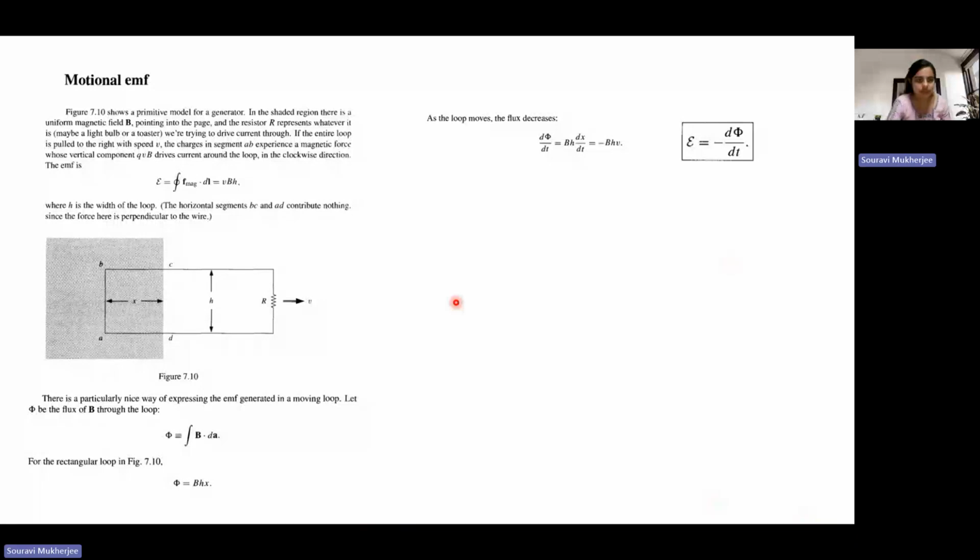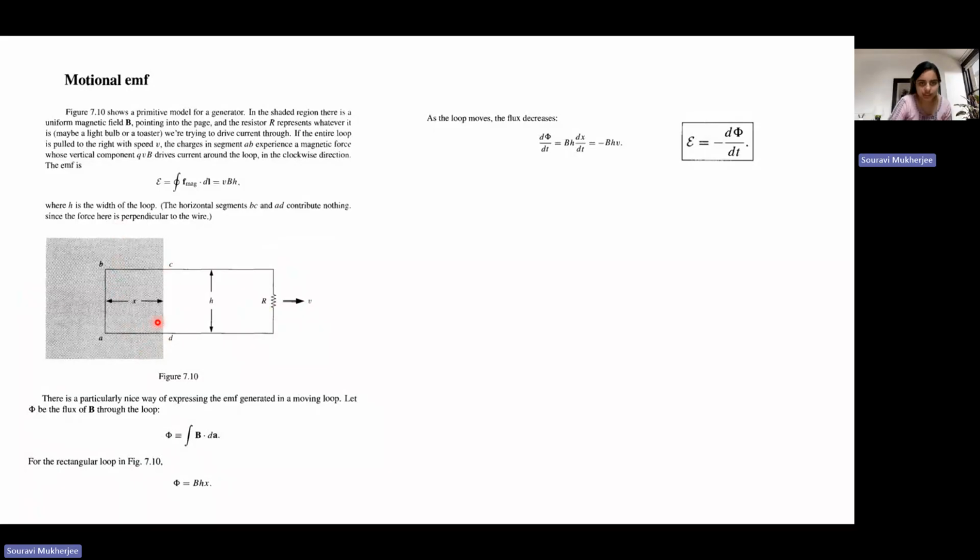Okay. So if you have a region where there is a net magnetic field, and then you have this loop, a closed loop, a wire, basically a circuit, and there's some resistor here. Now, what was seen is that you can have anything, basically a closed circuit, and then there's this region of magnetic field.